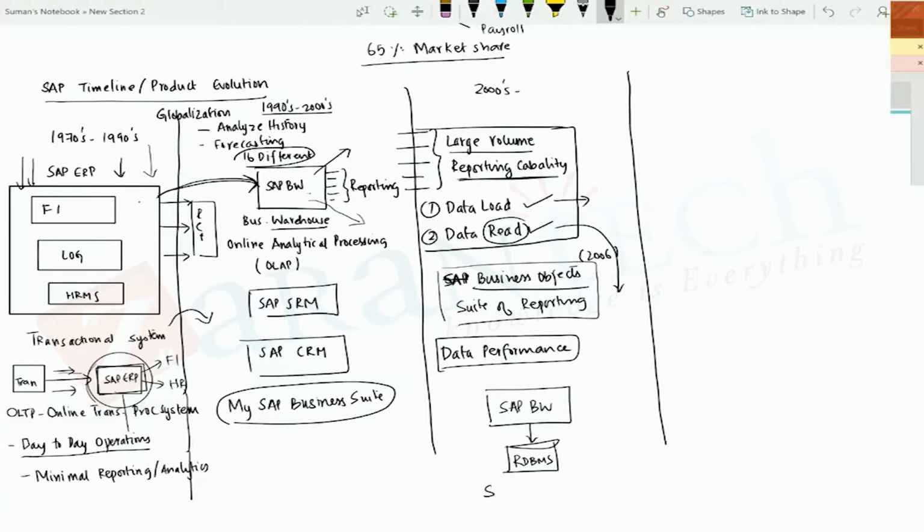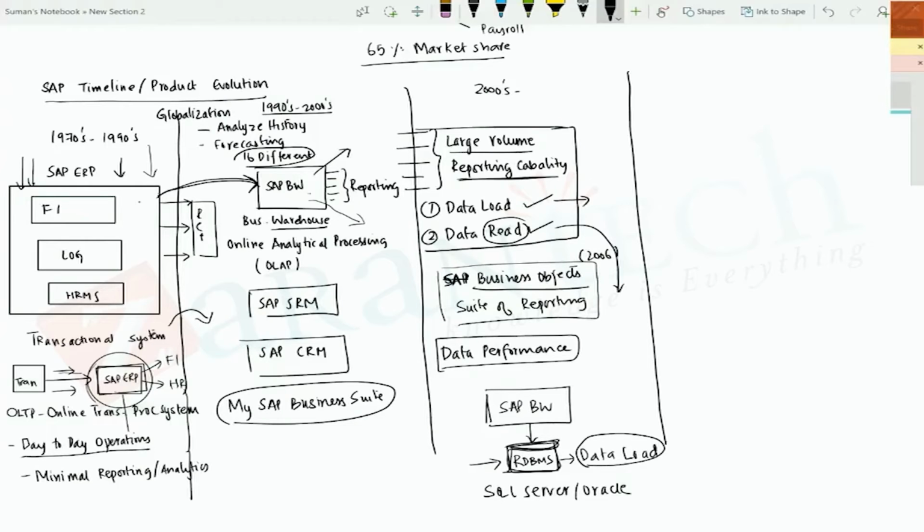Because SAP was reliant on a third-party database, like an RDBMS system such as SQL Server or Oracle, the data load and the data performance was predominantly controlled by the third-party tool. So SAP very soon understood that the bottleneck seems to be in the underlying RDBMS system.